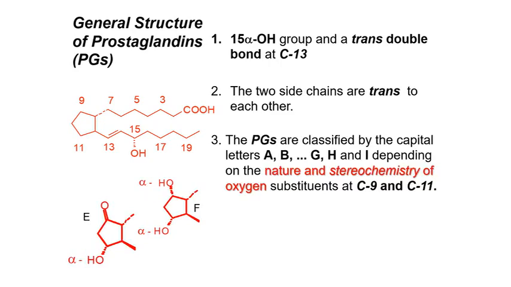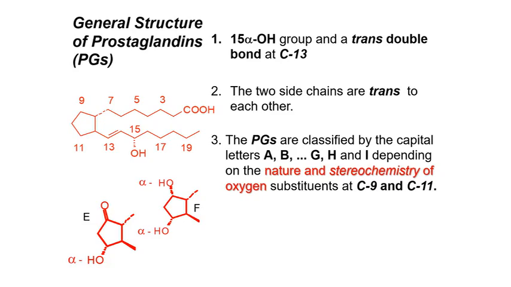Analyzing some of the prostaglandins, you are going to find sometimes written PGE, PGH, PGF. What are these letters representing? These letters are defined according to the oxygen substitution or level at positions 9 and 11.